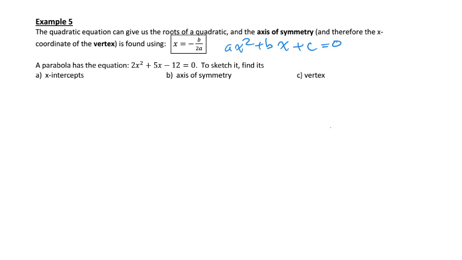Now, if we wanted to find the x-intercepts, okay, the first thing you're going to do is take the equation 2x squared minus 5x minus 12 equals 0. Now, you need to remember that the original equation was y is equal to 2x squared minus 5x minus 12.